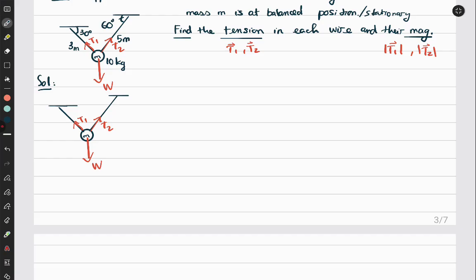Whenever it goes diagonal, if it's not going straight up, vertically or horizontally, we always need to borrow a triangle. We need to borrow this triangle and this triangle.